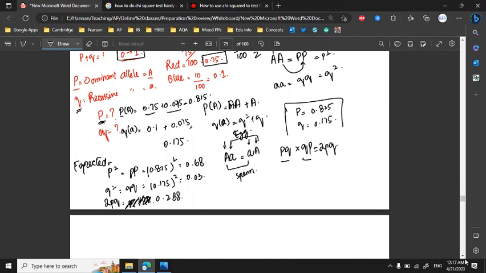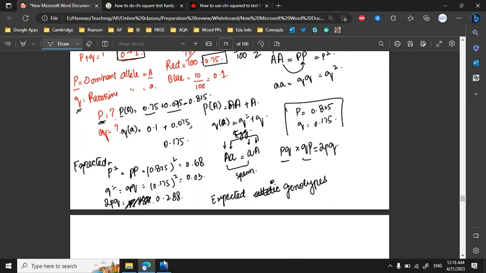Now for your satisfaction you can add them: 0.68 plus 0.03 plus 0.288, it is going to be almost 1. So these are your expected values, expected allelic frequencies, or you can say expected genotypes.